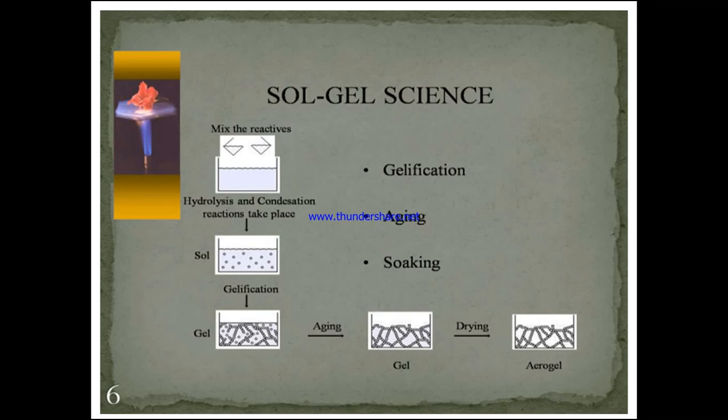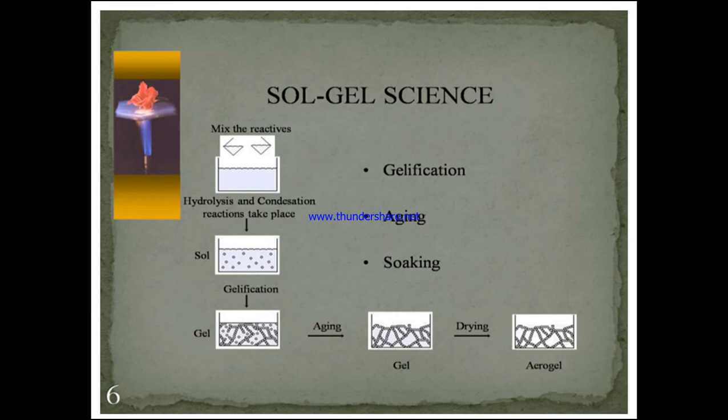Sol is nothing but the metal hydroxide. This metal hydroxide is not soluble in water, so we call it a colloidal suspension. Sol is a colloidal suspension which is heterogeneous in nature.